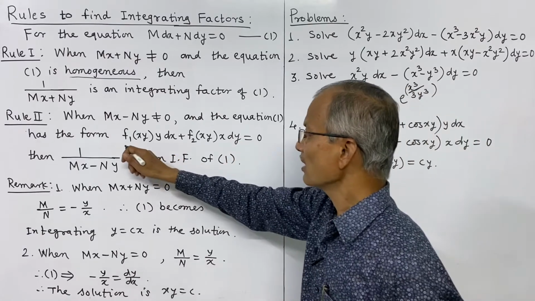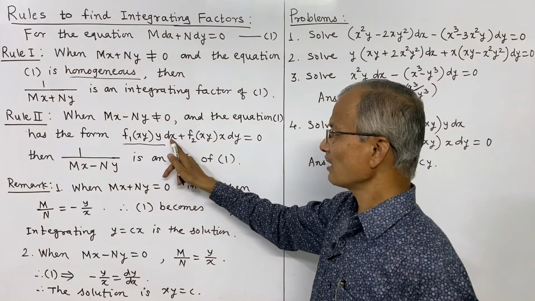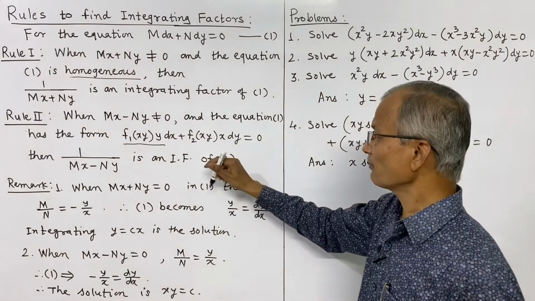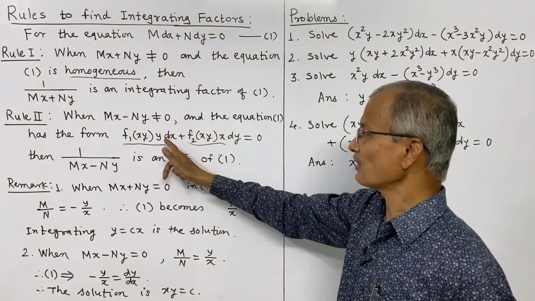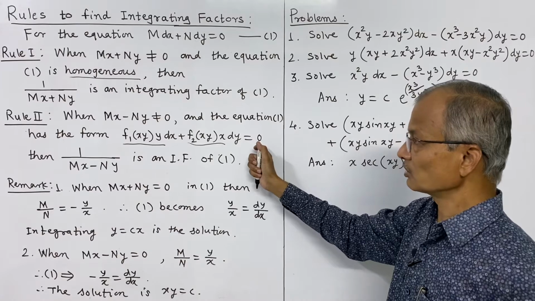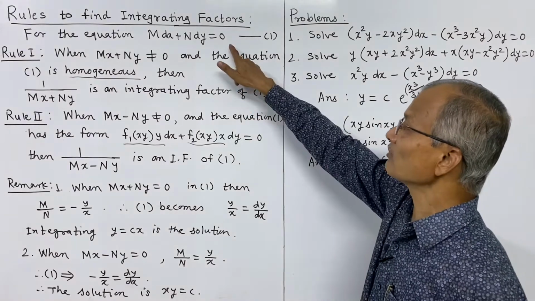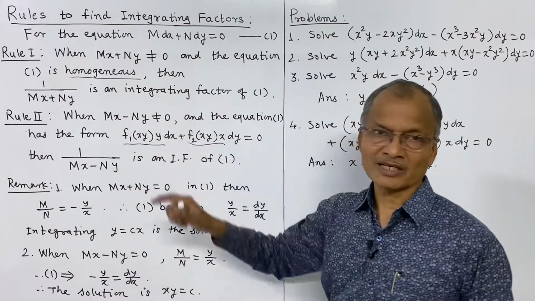You should note that f1 of xy is multiplied by y dx, and f2 of xy is multiplied by x dy. The equation 1 must have this form, and Mx minus Ny is not 0.